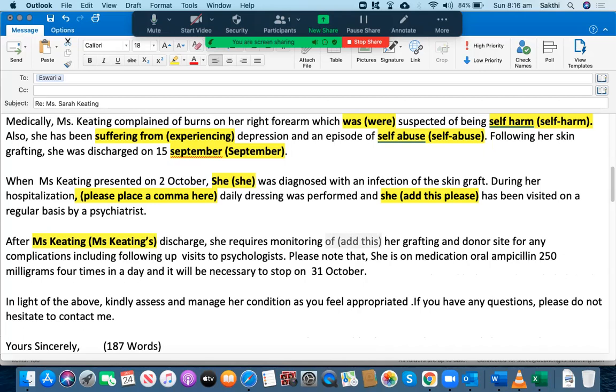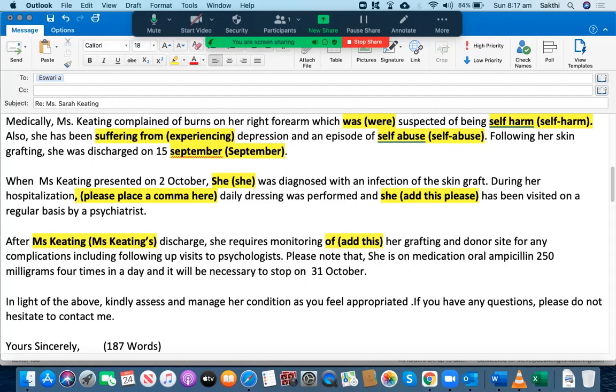Monitoring of her grafting and donor site for any complications, including the follow-up visits to psychiatrist. Okay, so I think this one she has messed up.